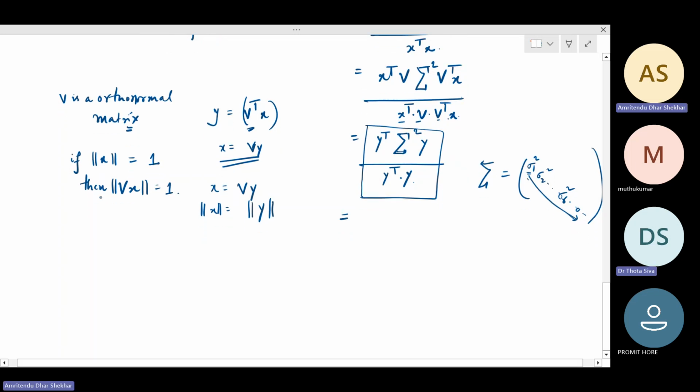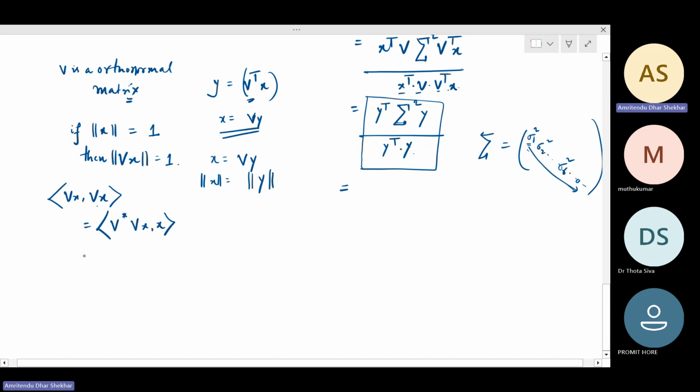Orthonormal matrices are what we call isometries. Why is this an isometry? Because if you take the square of the norm of Vx, which is the inner product of Vx with Vx, this is equal to the inner product of V star Vx with x, if you know the idea of an adjoint of a matrix. Now this V star, what we write as the adjoint, is basically equal to V transpose.